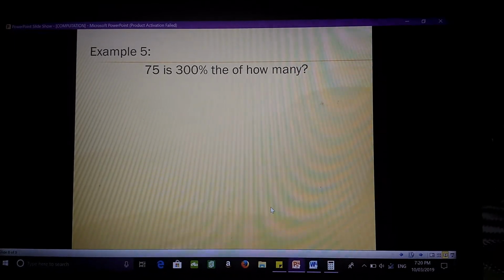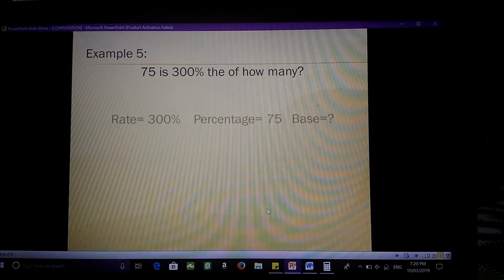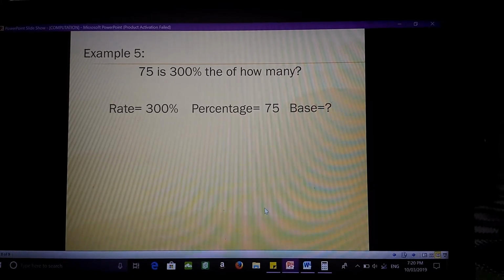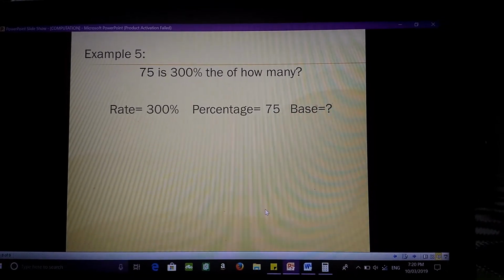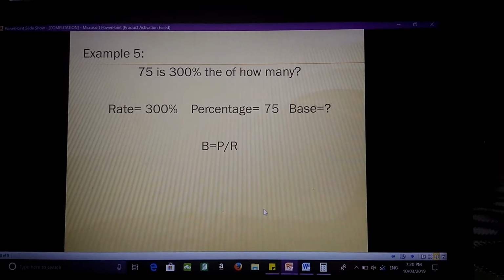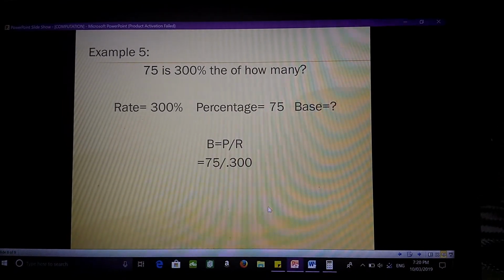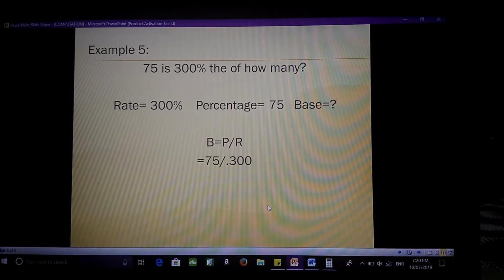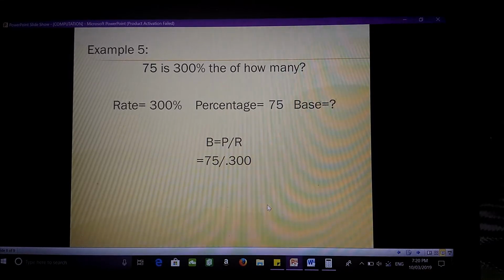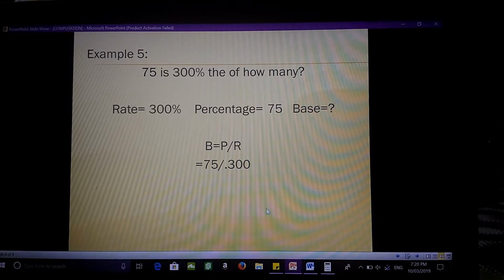Another example, 75 is 300% of how many? Given rate is 300%, percentage is 75. In this example, we are looking for the base. So the formula for base is percentage divided by rate. So 75 divided by 0.300, because it is a percent, you have to convert the percent to decimal.